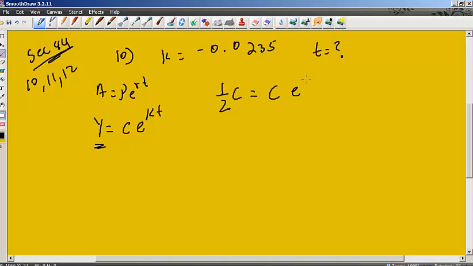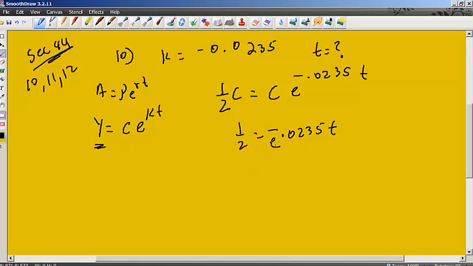So 1/2 C is equal to C e to the negative 0.0235 T. We're solving for T. The C doesn't bother us because when you divide by C, you're going to get 1/2 is equal to e to the negative 0.0235 T.